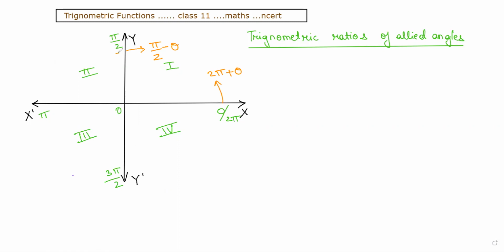The second quadrant can be represented as pi by 2 plus theta or pi minus theta, that is, subtracting something from pi. This is where theta value has to be strictly between 0 and pi by 2 for this notation to work.